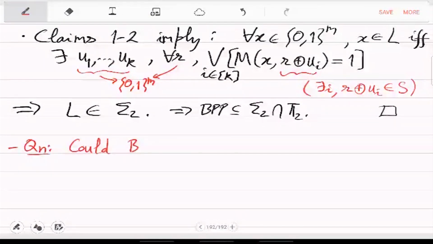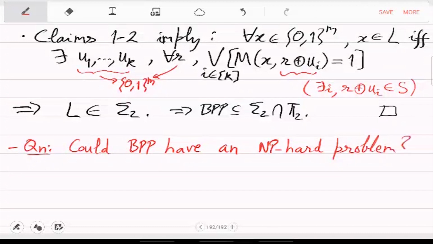So could BPP have an NP hard problem? What will happen if BPP has an NP hard problem? Does this result give you any indication?